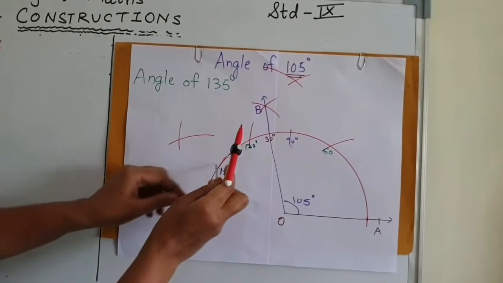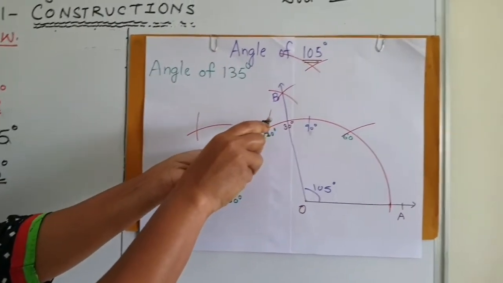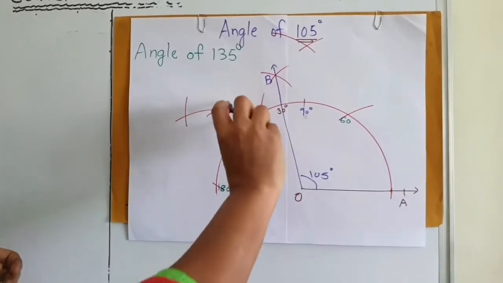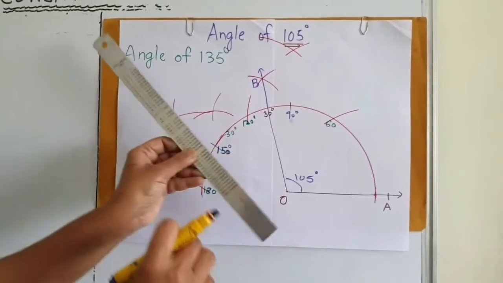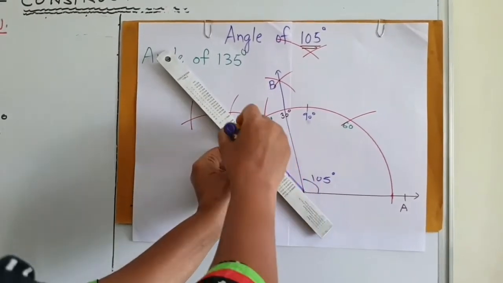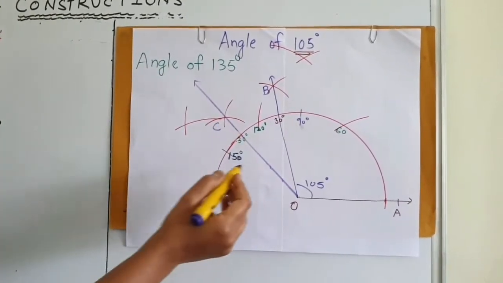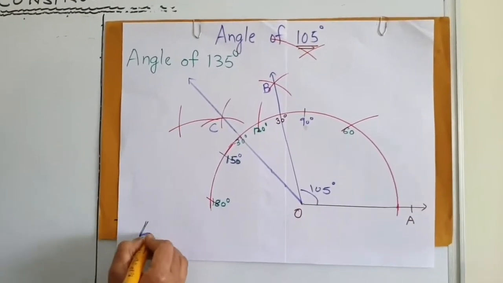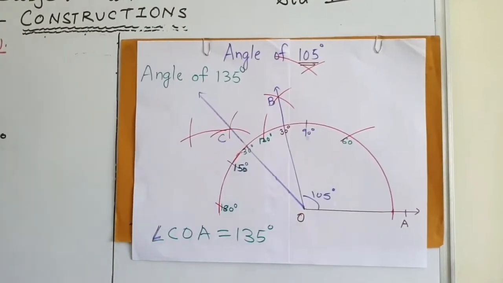We get it by angle bisector. So we take these two points as centers and draw intersecting arcs. And this is how we join this. So name it as C, and this is how we get angle COA as 135 degree.